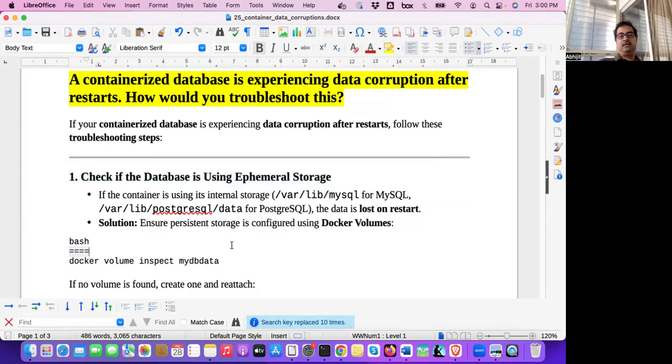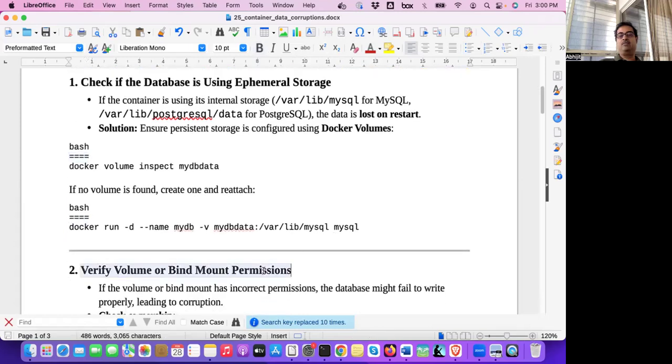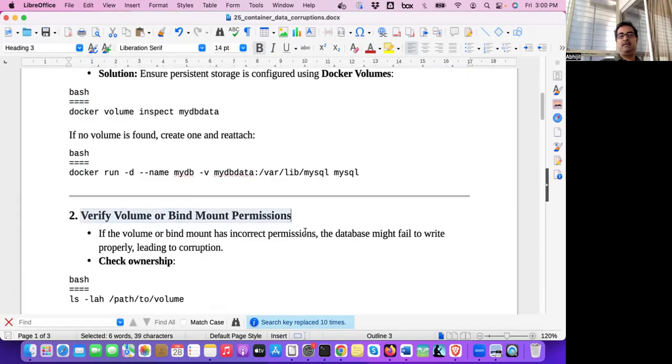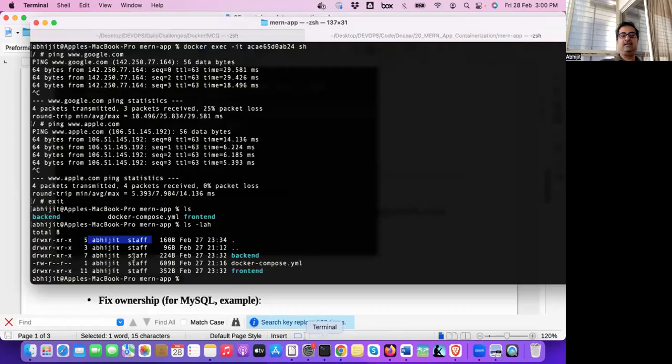Okay. Next thing, we can check the bind mount permission. When we are binding a particular file path from the host to the container, we need to check the permission. When you run the command ls -lah, you can see the permission, user and group details.